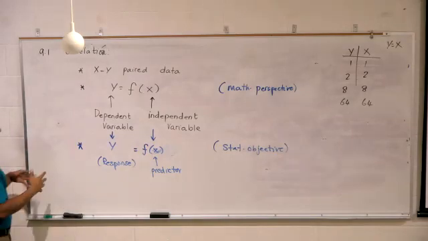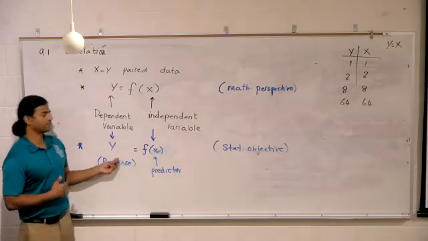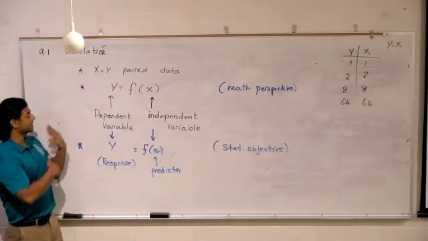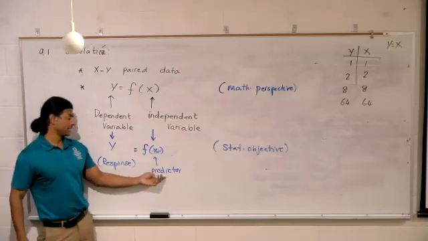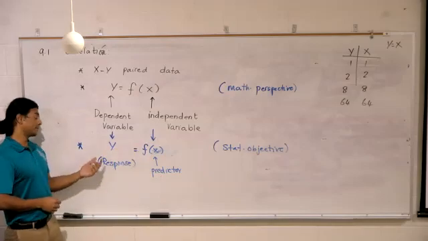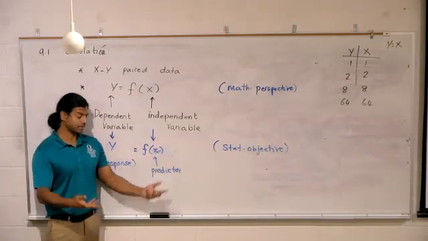Now, where does the terminology come from? Well, response: we are trying to see or measure some sort of a response defined by some predictor. For example, height could be a response, weight would be a predictor.